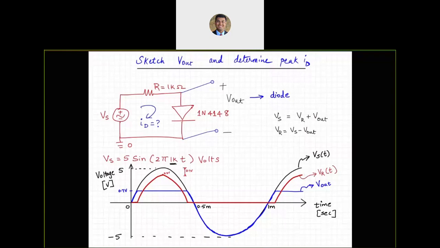We have done the V out, we have done VR. To answer peak ID, this particular question, we can use the voltage across the resistor.